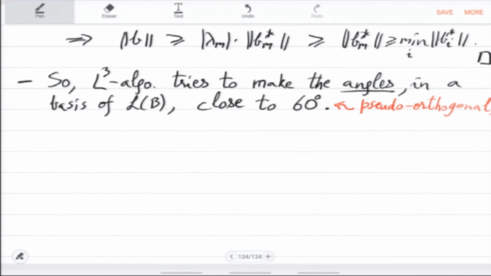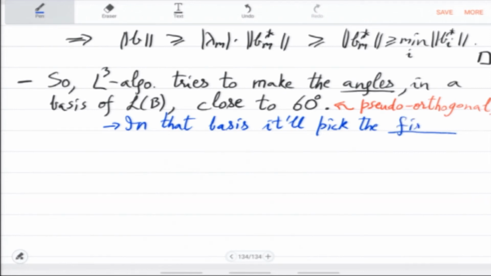And then in that basis, it will pick the first one. Okay, so just like we saw in the previous lemma that the smallest Bi star may be a good vector to start with, or a good length to start with, this is what the L cube algorithm will do.